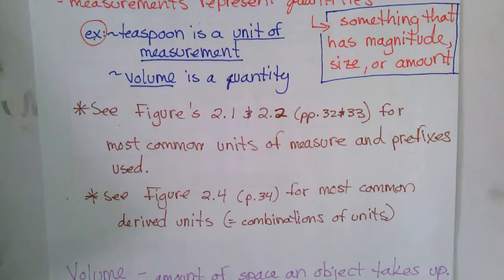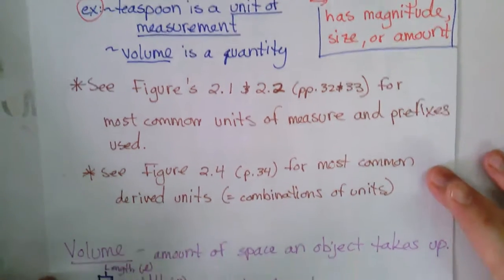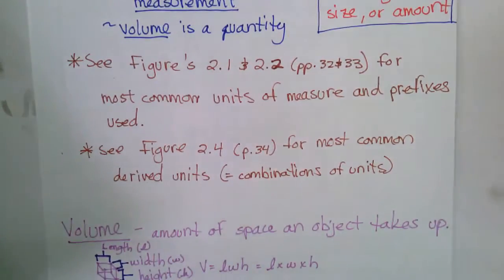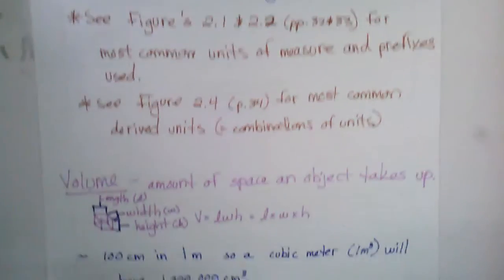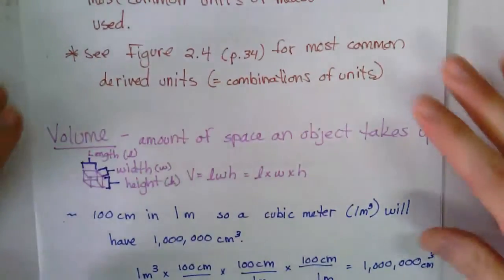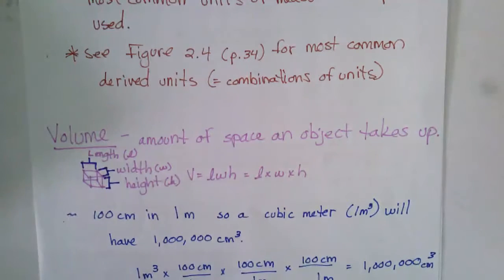Okay, so we are going to get into volume, which is page 35. My definition for volume is something that takes up space. And I tried to draw a lovely cube. I'm just going to shift this a little bit. It's not so lovely. Use your imagination.